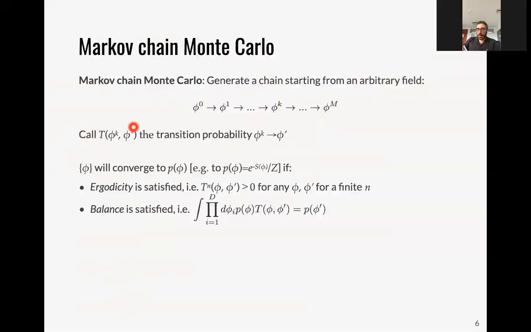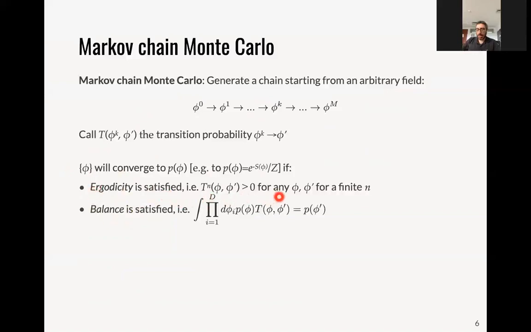If you define a transition probability T from going from one step to the other, then you can show that the fields you generate will converge to the desired probability if this transition probability satisfies these conditions.